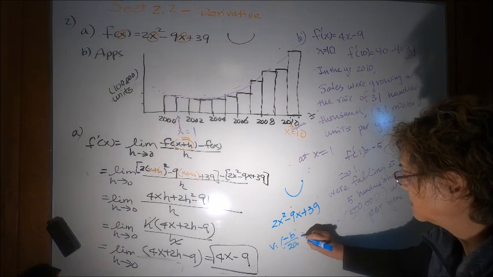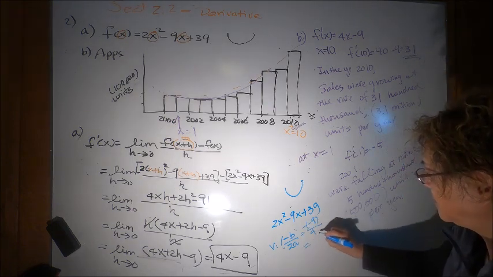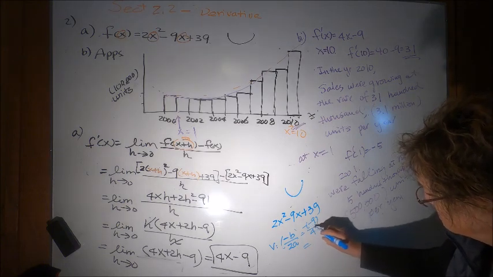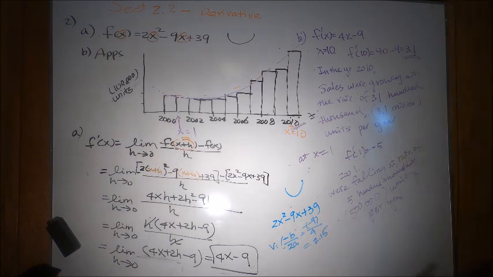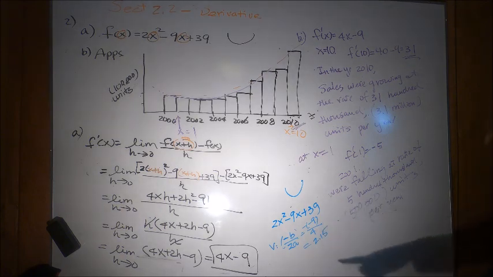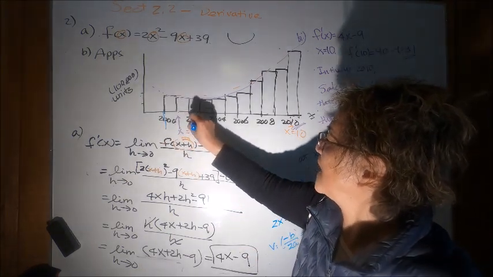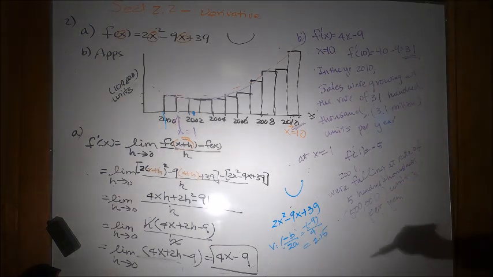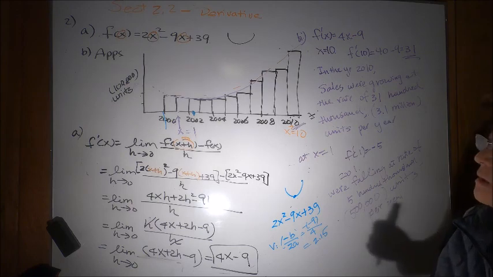Which is what? -9 over 4. That would be what? 2.25. Right? So it shows what? 2.25, since you started from here. So 2.25 years, that will be your vertex. Vertex, because it opens up, you have a minimum, right?